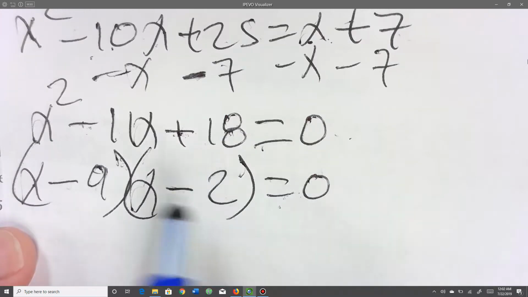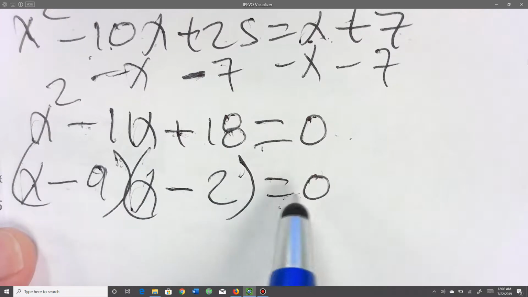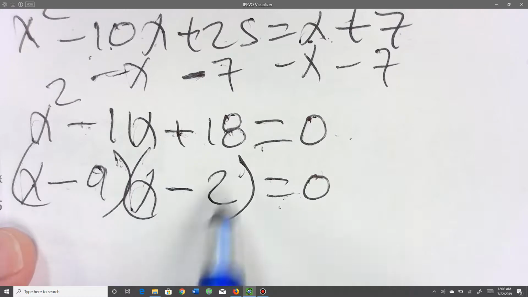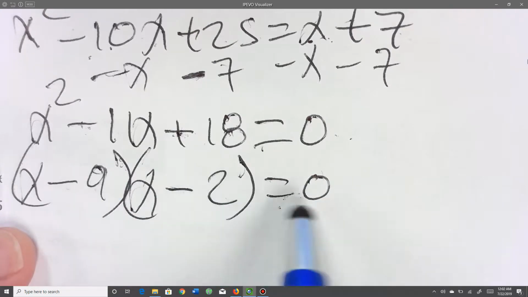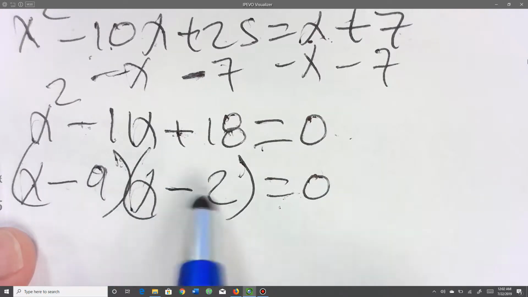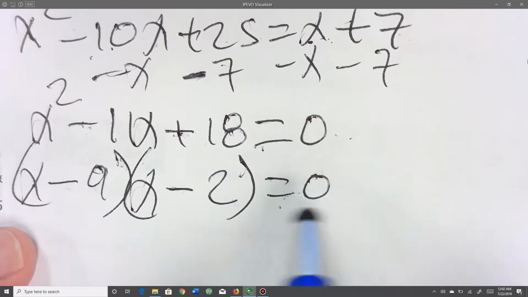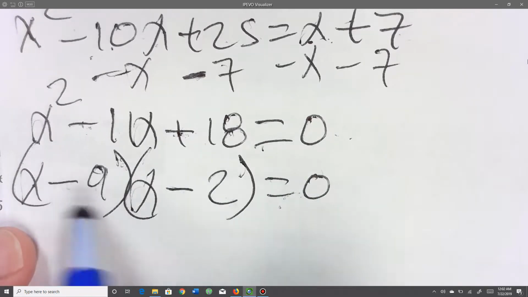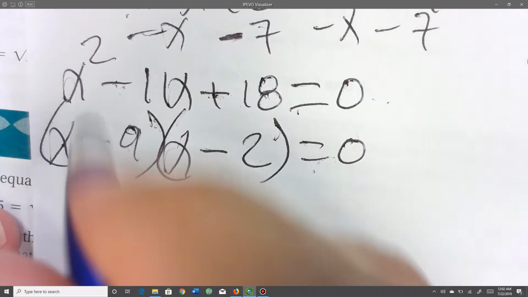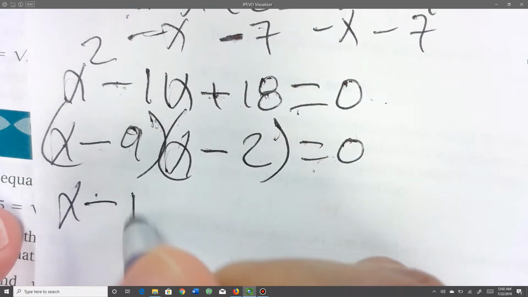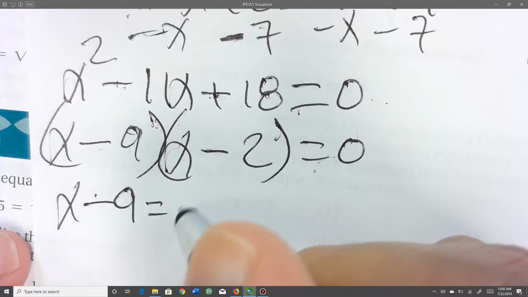Because remember that now I have two factors, and the only thing that's going to make this equation true is if I have a 0 here for any of these two factors. Since I'm multiplying, I will get a 0. Since I don't know which one of these is a 0, I'm gonna go ahead and set them both equal 0.